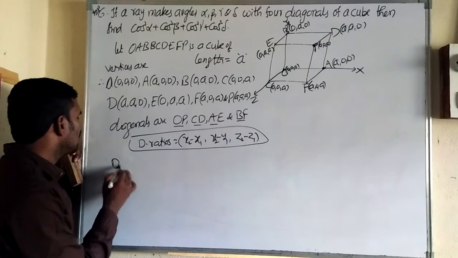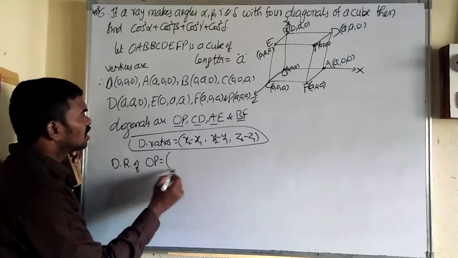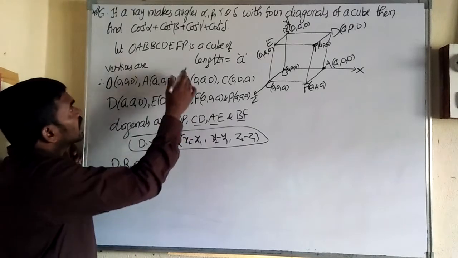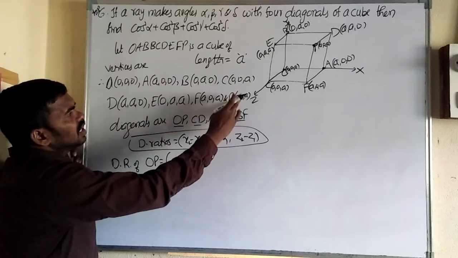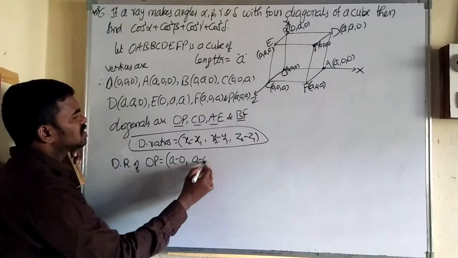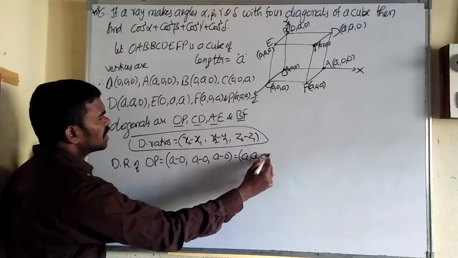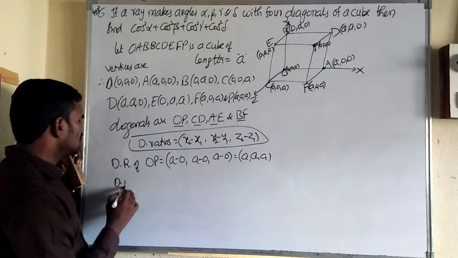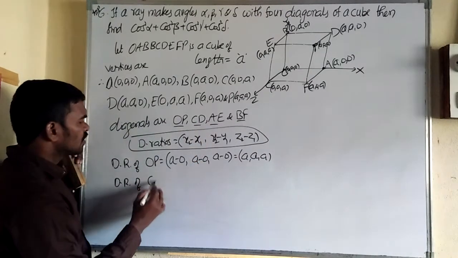So now direction ratios of OP is equal to what? O taken as x1 y1 z1, P taken as x2 y2 z2, then x2 minus x1 means a minus 0, and a minus 0, a minus 0. So finally we get a, a, a. Similarly, direction ratios of another diagonal CD.